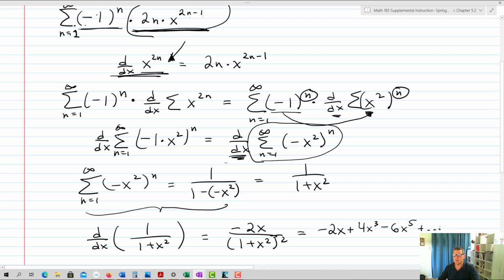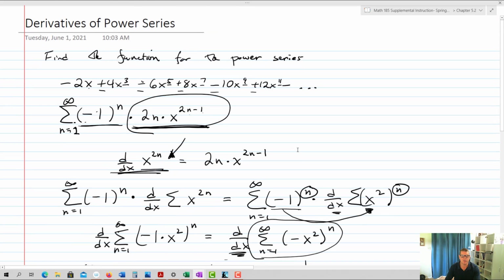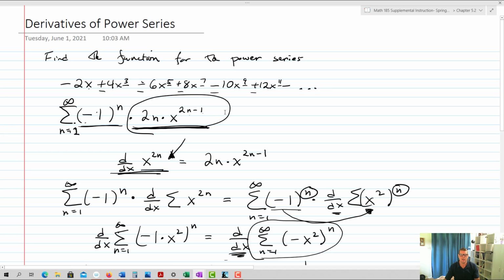Okay? So the key to working with this kind of series is to note, one, you need to be able to construct the power series. Two, you need to be able to notice that this is in fact the derivative of a term, in this case x to the 2n.